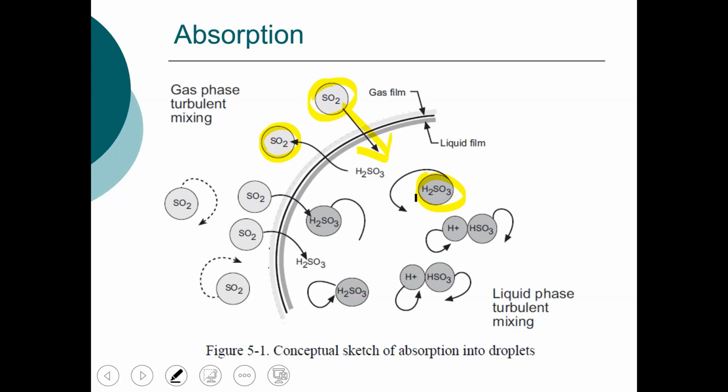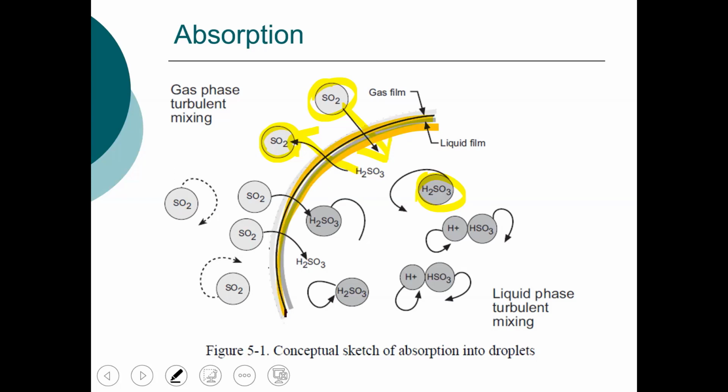Now this is an equilibrium process, so there is some movement back. So we need to think about that as an equilibrium process. Now it's very much dependent on this gas film.